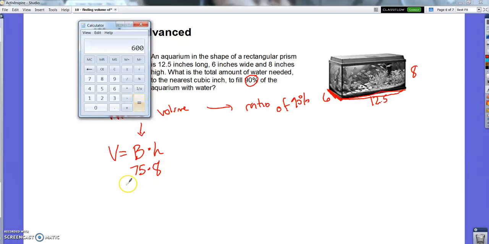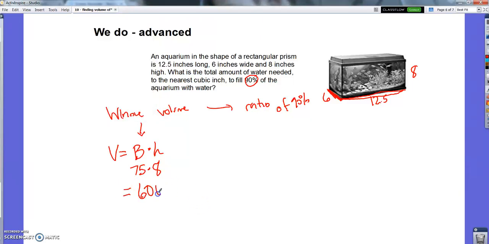So the volume of the whole thing is 600 cubic centimeters. Is that centimeters? Inches, I'm sorry. Cubic inches. And so now my question is, what is 90% of that, of 600 cubic inches?